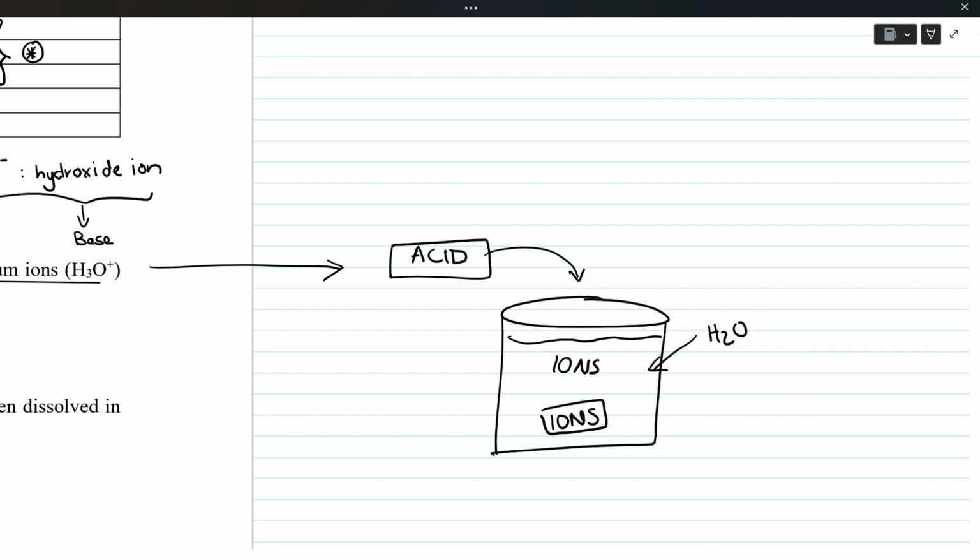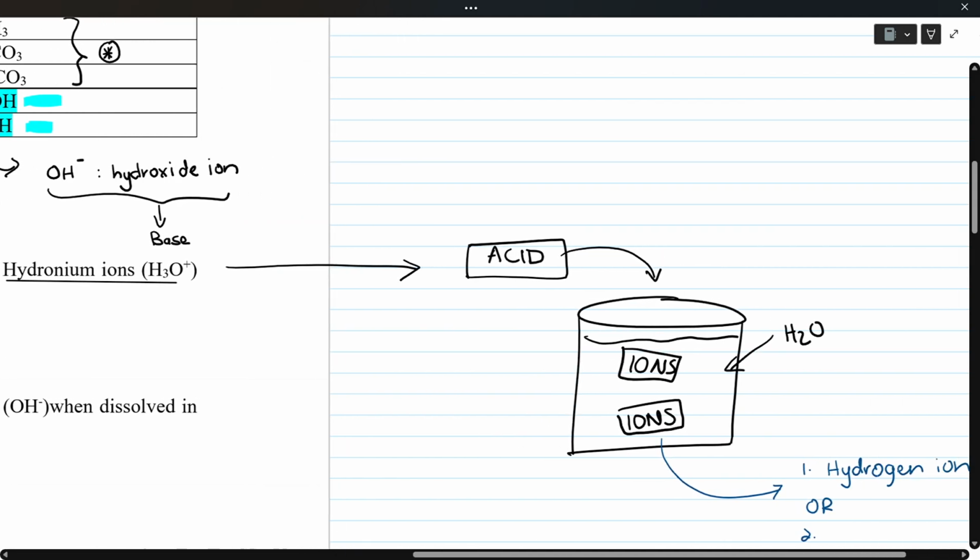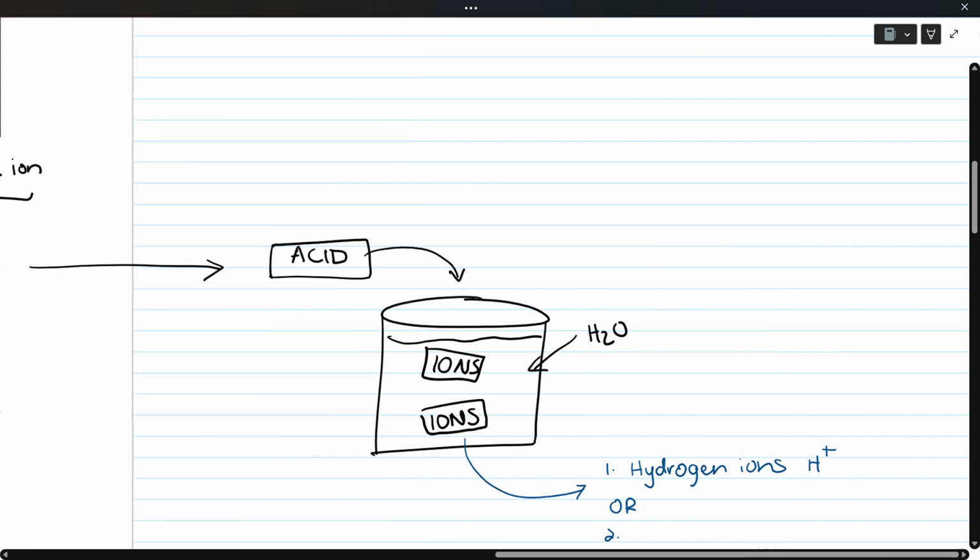These ions can be either two things. Number one, hydrogen ions, H plus, or what they said here, hydronium ions.